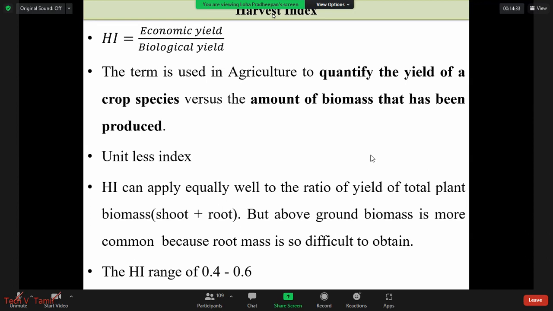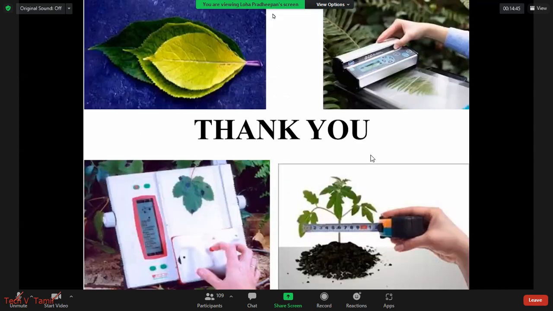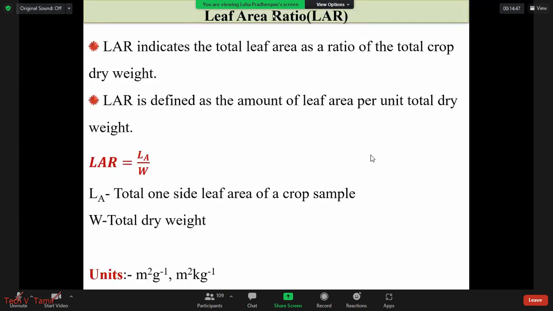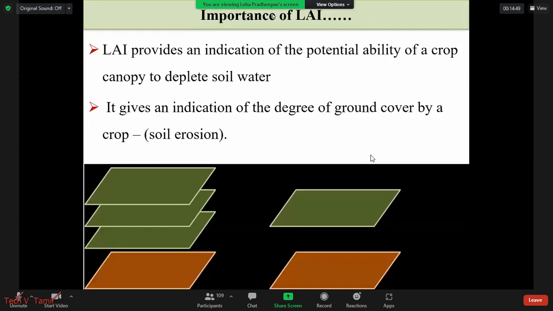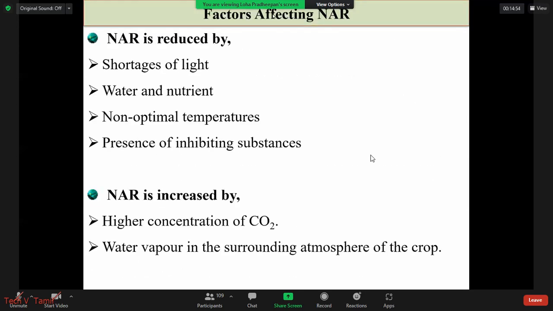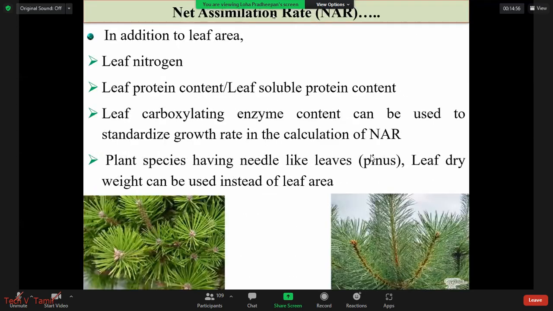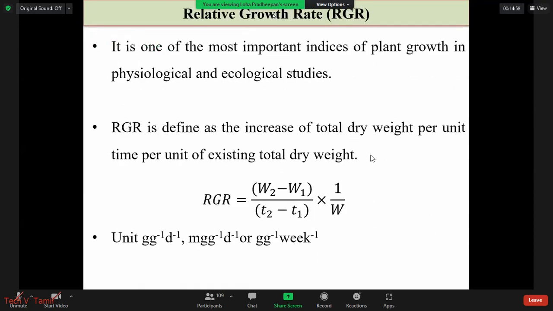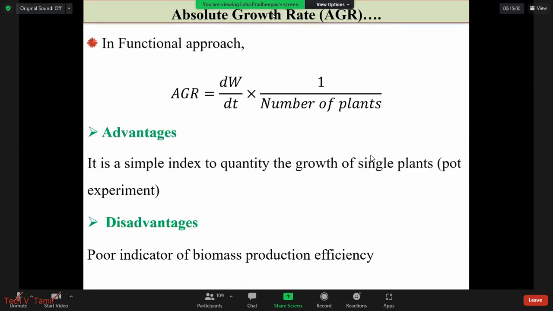That may be stem, leaf, the economically important part and root part. So that's all about the harvest index. So today, I think we have completed all the indices we can utilize to calculate the crop growth analysis.